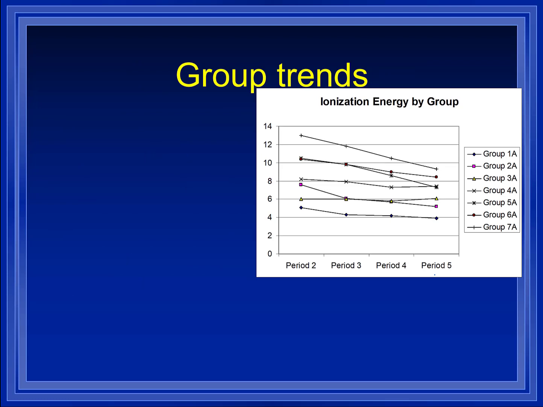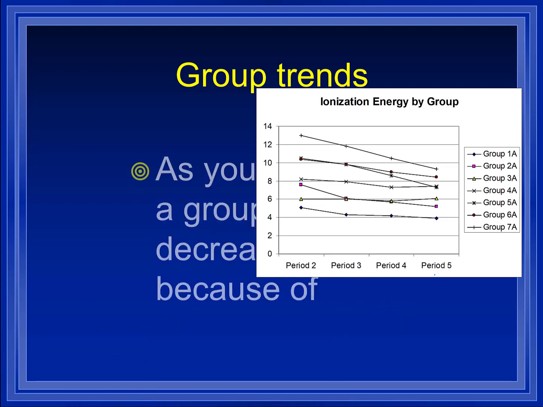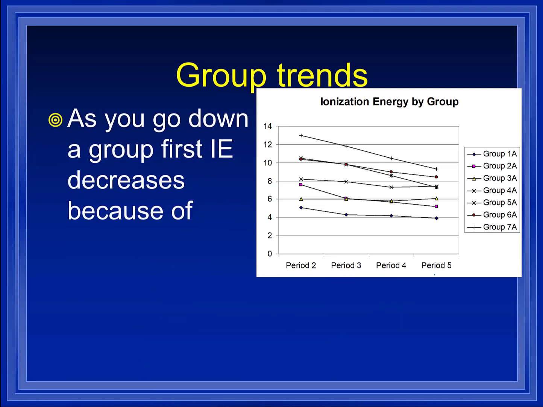So by group, I'm going to do the group ones first, because group is easy to explain. You drew this graph. What is the general trend? It goes down. As you go down, it generally decreases.